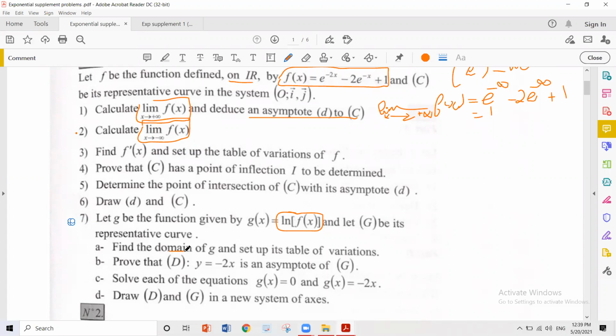How to find the domain of definition of g and set up the table of variation?